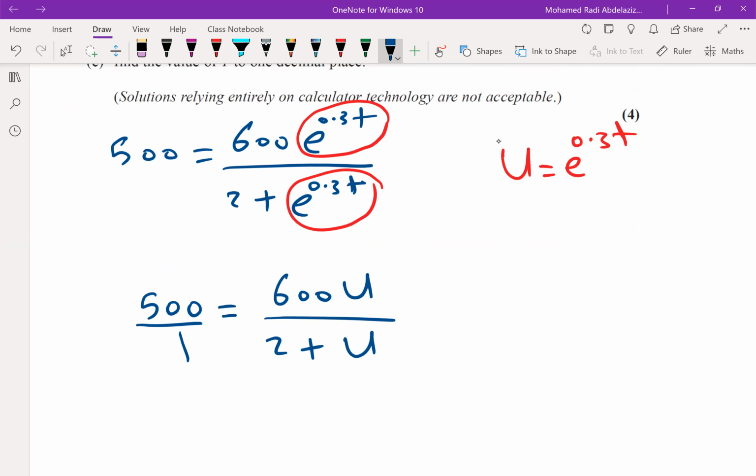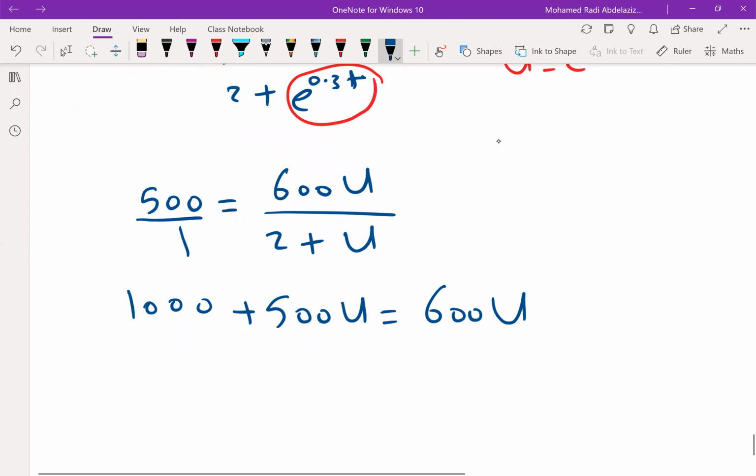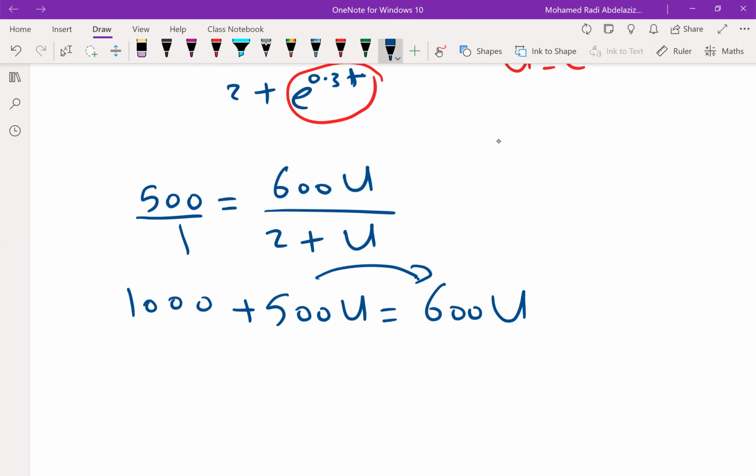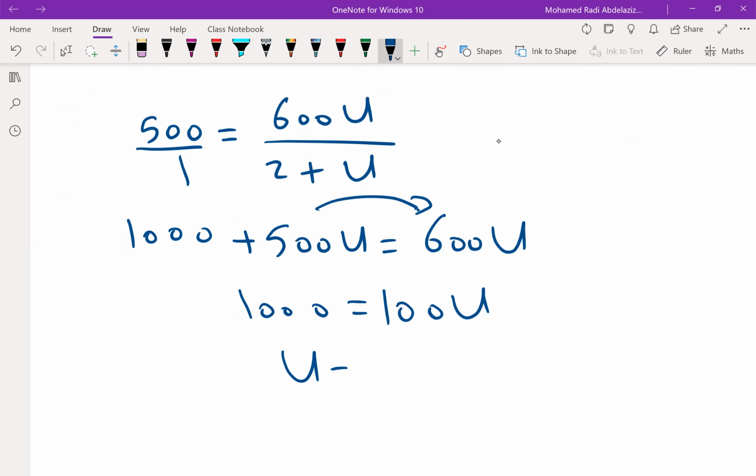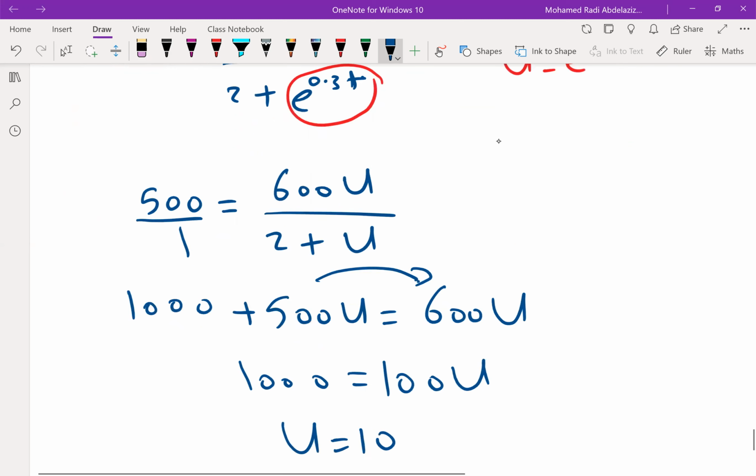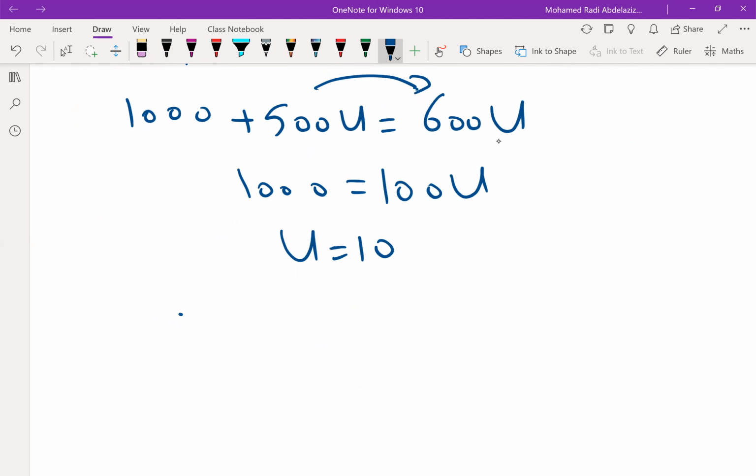So 500 times 2 is 1000 plus 500u is equal to 600u. By moving it to the other side, you will get 100u is equal to 1000, so u is equal to 10. Now e to the power of 0.3t is equal to 10.